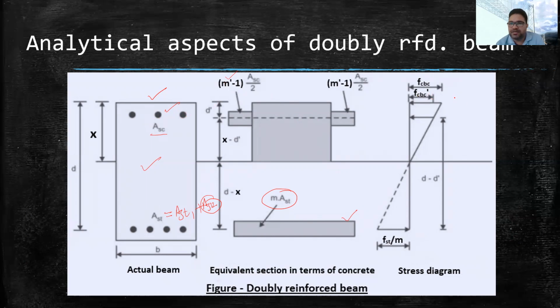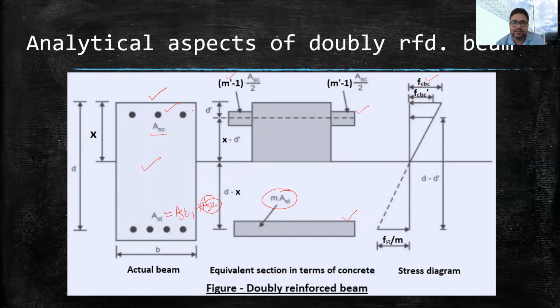And this third diagram is showing the stress level in concrete and in compressive steel also. This FCBC value is the maximum flexural compression in concrete. Similarly, this FCBC dash is the actual flexural compression stress in the concrete at the level of steel.